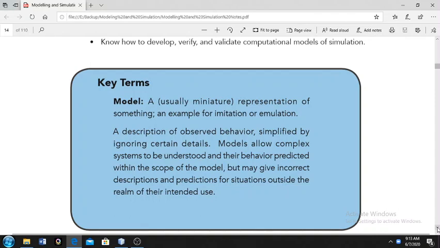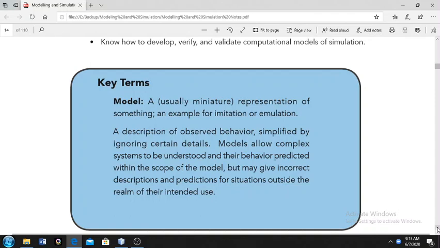A model, what is a model? A model is a representation of something, an example for imitation or emulation. A description of observed behavior simplified by ignoring certain details.